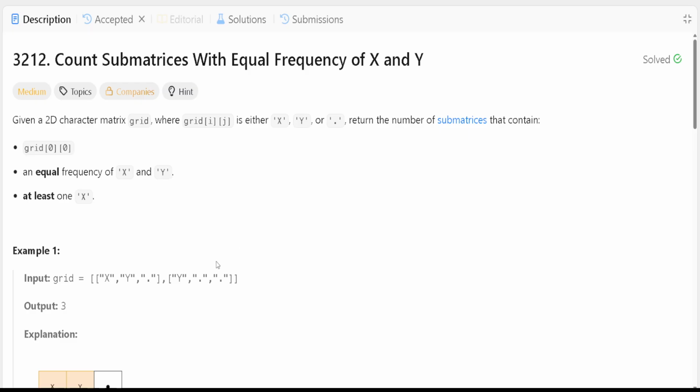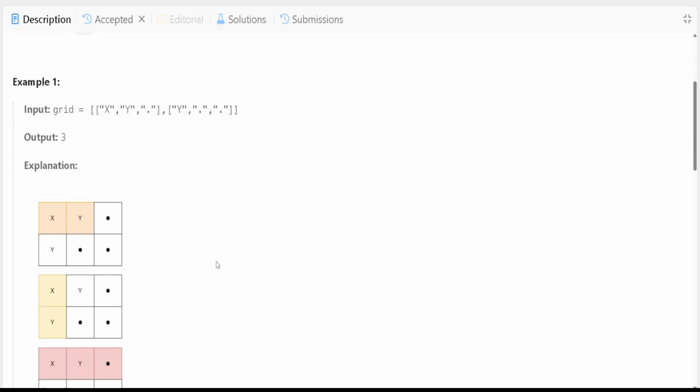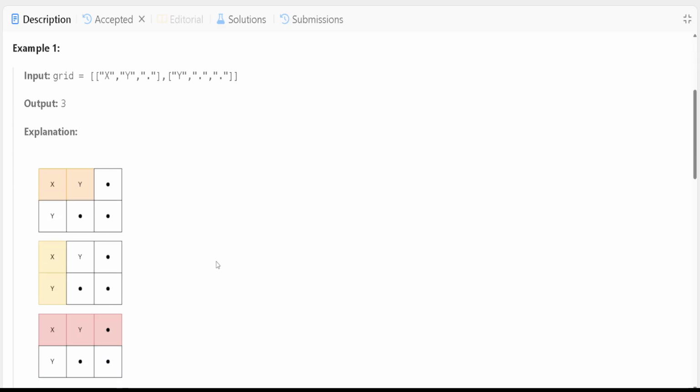Let's now think about that. Suppose this is the grid we are given. Most people think, let me find all the submatrices with an equal number of x and y, so they apply row compression, prefix sum, or a hash map, and boom, you get the wrong answer.